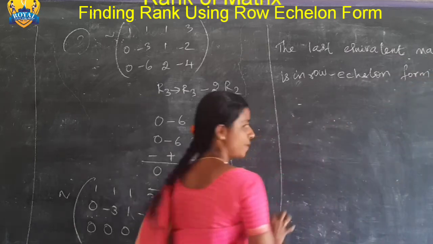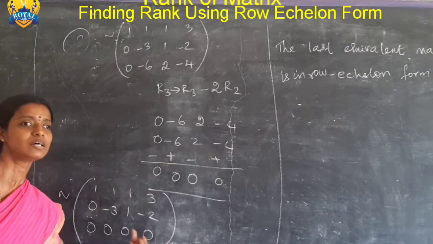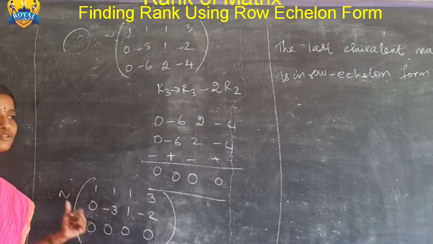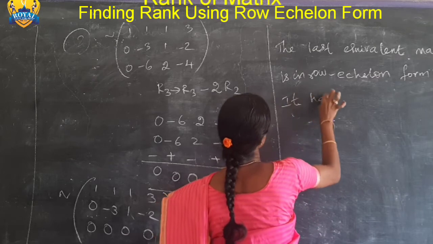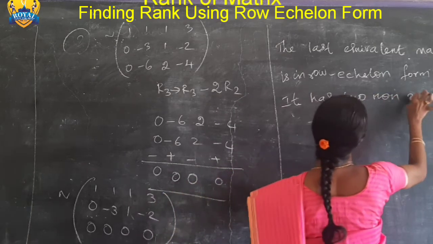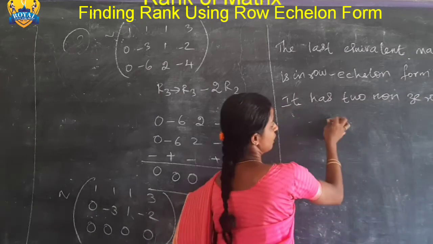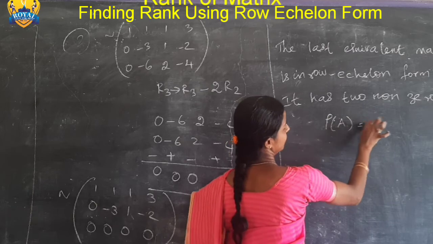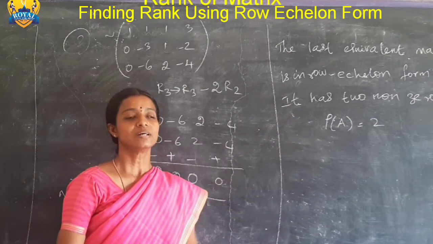How many non-zero rows? First row, second row, because my third row is a zero row. So it has 2 non-zero rows. Definitely my rank will be 2. The rank of the given matrix will be 2.